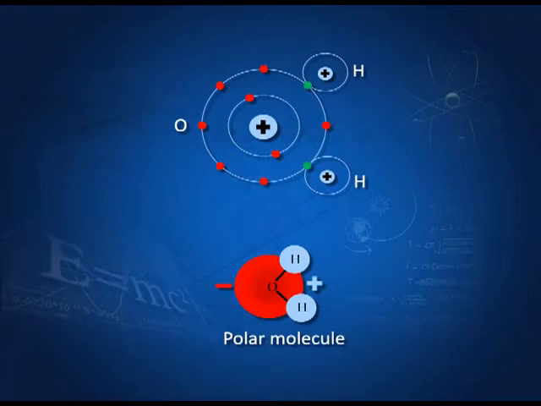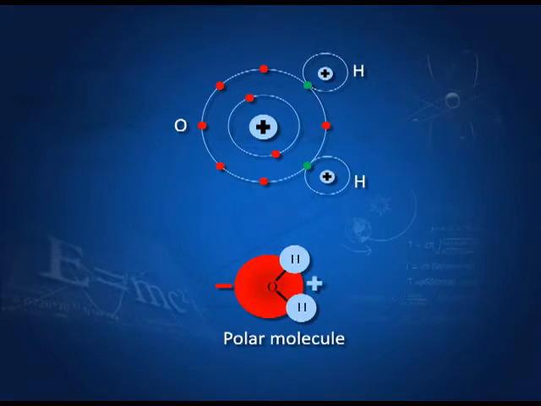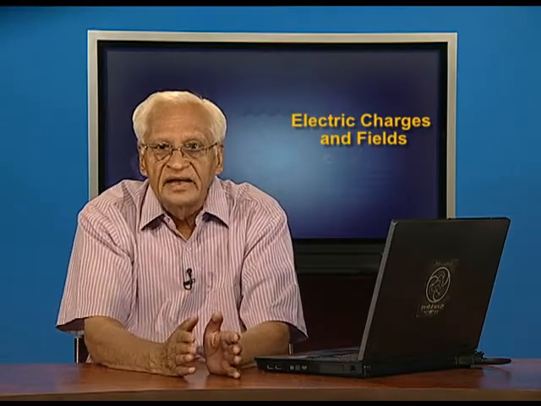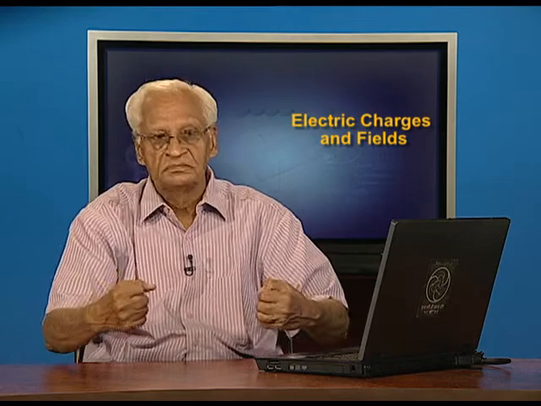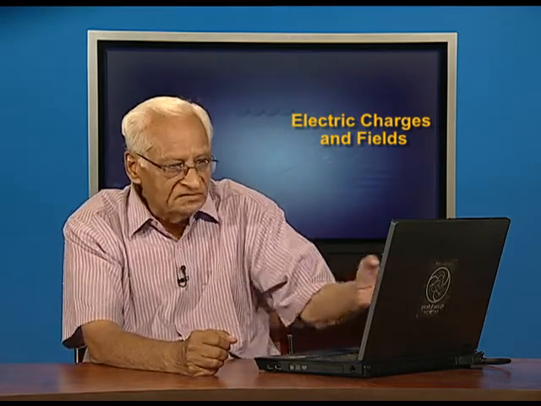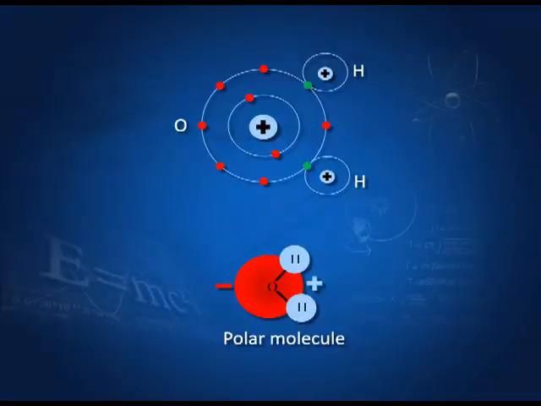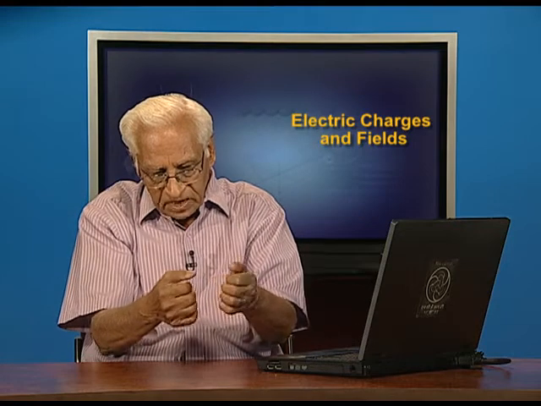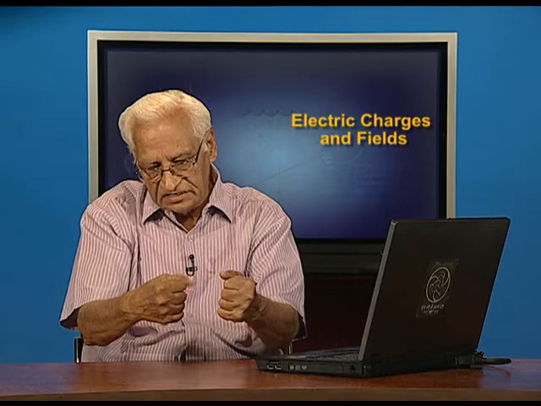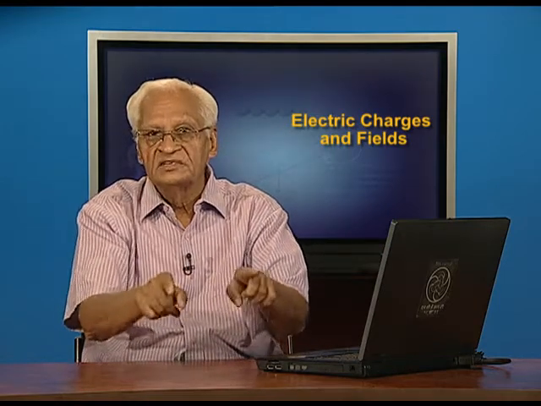The charges of the hydrogen atoms also apply force on these two shared charges, but since the force due to these negative electrons is higher, there is a separation between the charges. So, negative charge on one side and positive charge on the other side, as I have shown here. The molecule becomes a dipole, there is a negative charge here, a positive charge here, and the distance between them is very short.